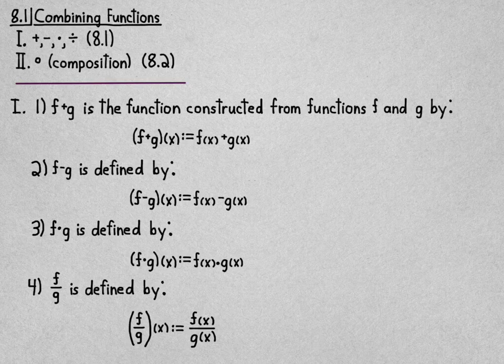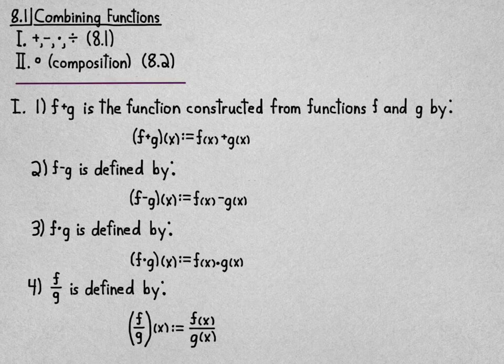Times, well, suppose you had x squared times the square root of x. Well, f of x equals x squared, g of x equals the square root of x. And I've taken (f times g)(x), which is f of x times g of x, x squared times the square root of x, you see? And division, rational expressions use this division, which we just did with inequalities, right? (f over g)(x).